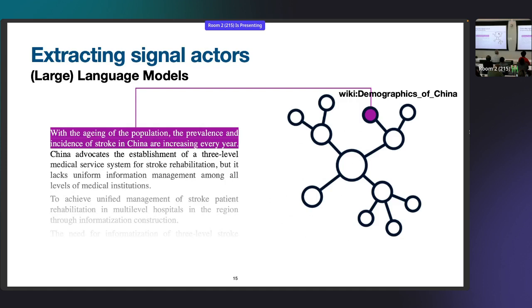Beyond the extraction of stroke and China as two separate entities, we can finally find the target of this signal as the demographics of China, which is much more relevant to the signal itself. And this is done even though demographics of China as an entity is never mentioned explicitly in the signal itself.